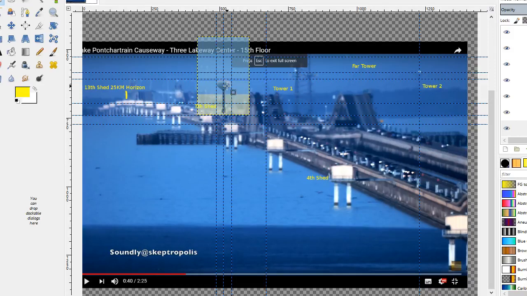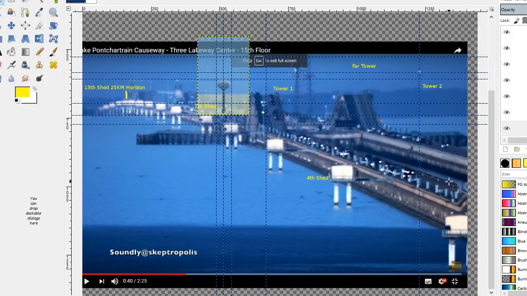I've only got the 50-meter observation in here right now, but basically I matched up the scale using the two towers that I found on Google Earth within the viewing range here.